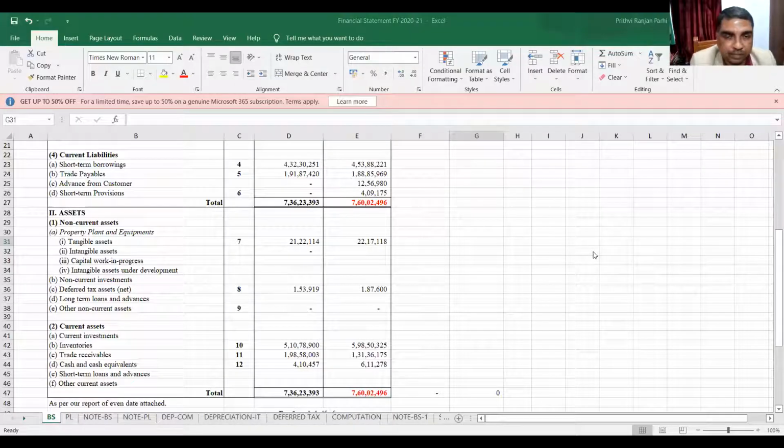Are you able to see it? Are you able to see the Excel file?